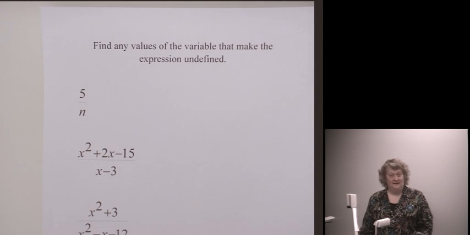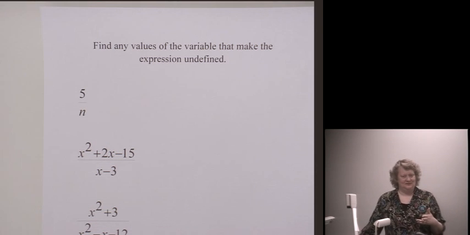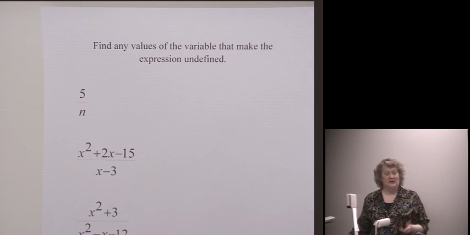This particular topic is very limited. It's one topic, but it's one of the topics that students struggle with, and so I just wanted to show you a couple of examples.